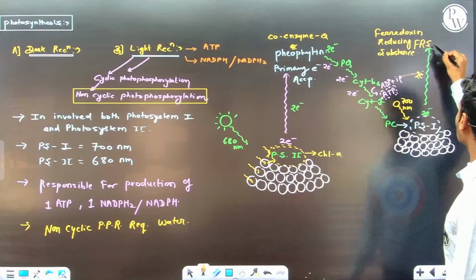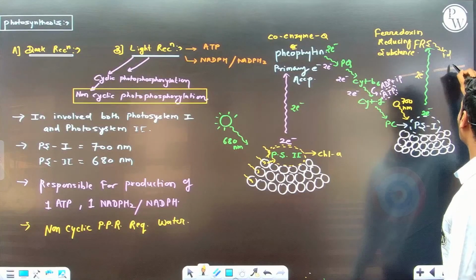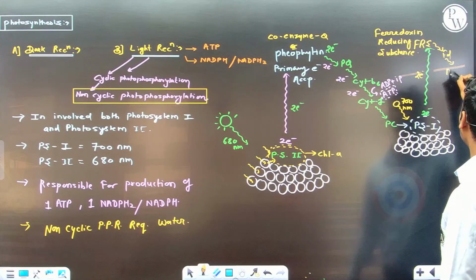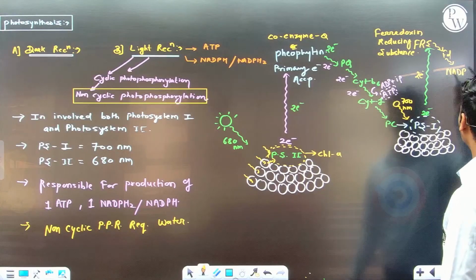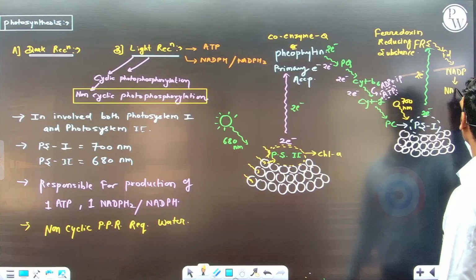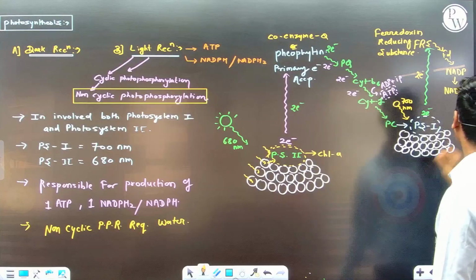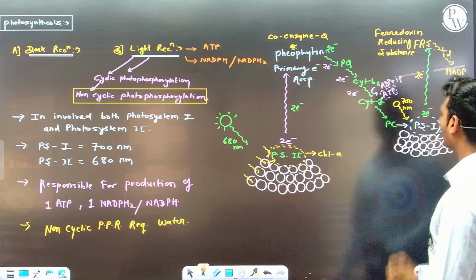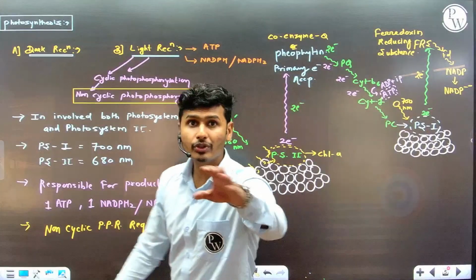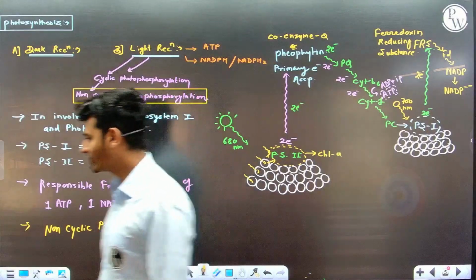Thus the electrons are transferred to FD, the ferredoxin, and given to the NADP molecule. So because of 2 electrons, it becomes NADP di-negative ion. I hope you are getting my point. Everyone is joined in the meeting.